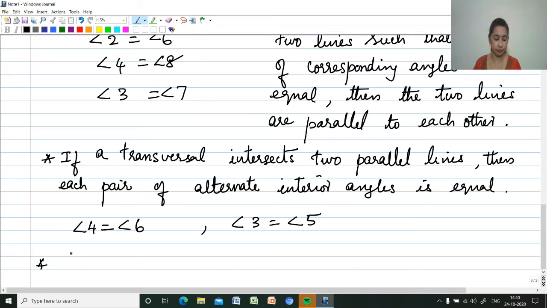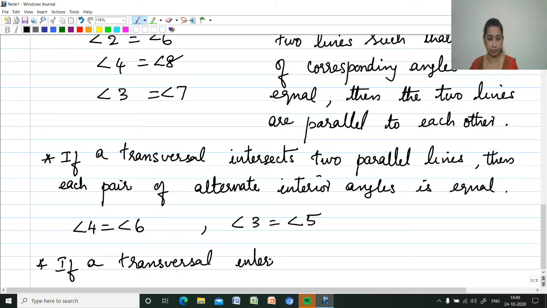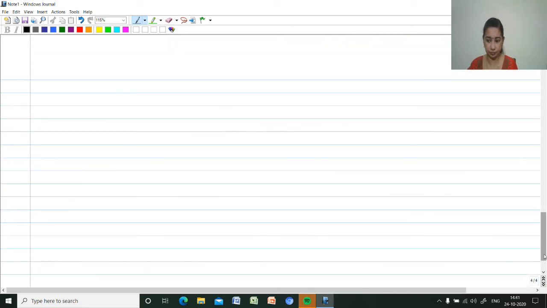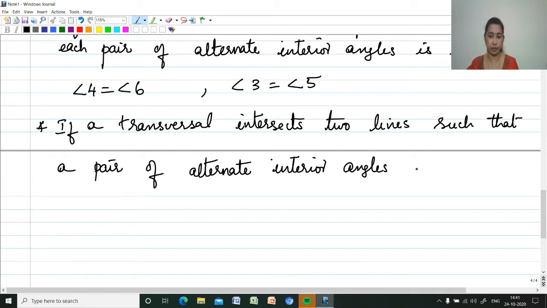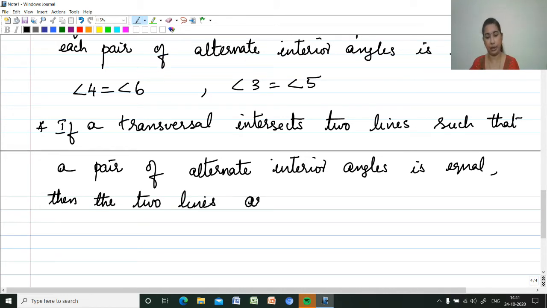So next one, if a transversal intersects two lines such that a pair of alternate interior angles is equal, then the two lines are parallel.